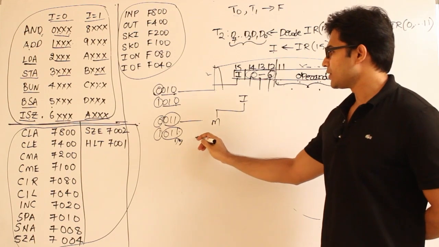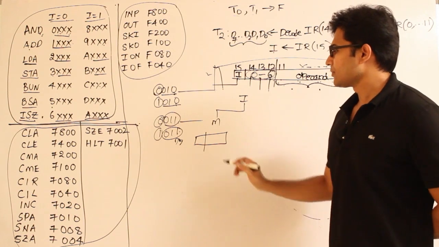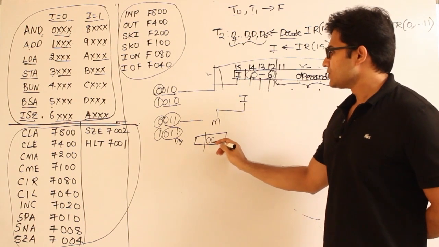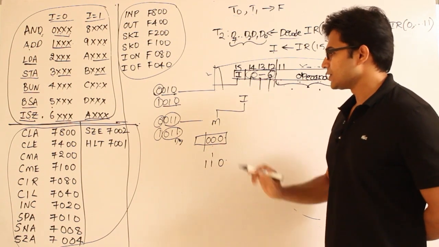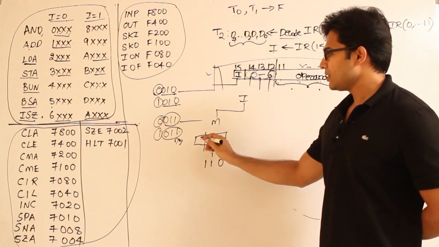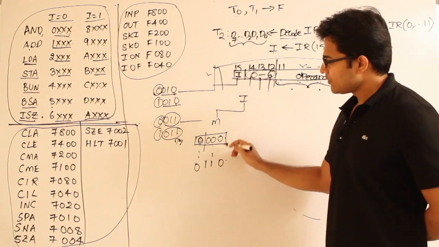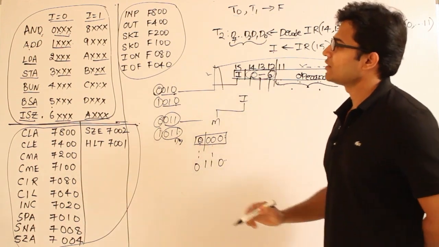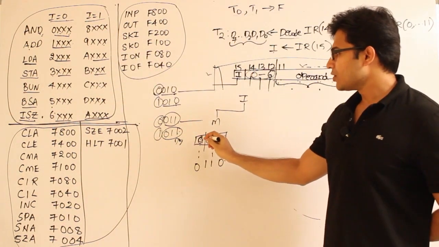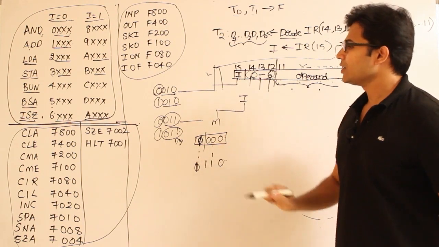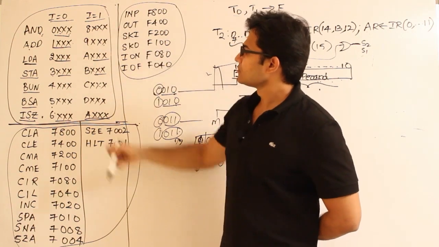In memory related, in the opcode, these 3 bits can be 000 to 110, which means from 0 to 6, and this bit can be either 0 or 1. Therefore, if this bit is 0, we get from 0 to 6. And if this particular bit is 1, we get from 8 to A, right?